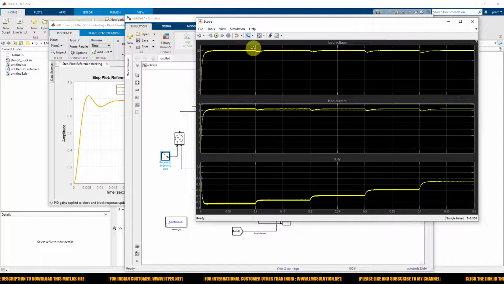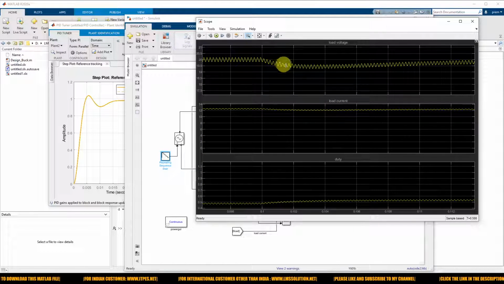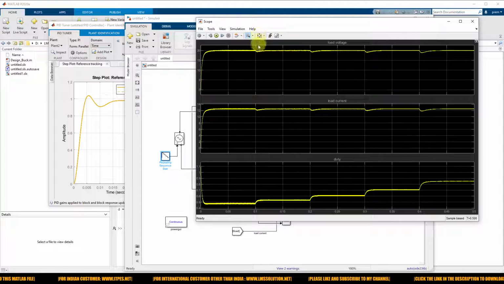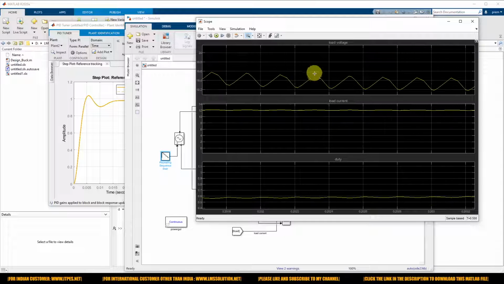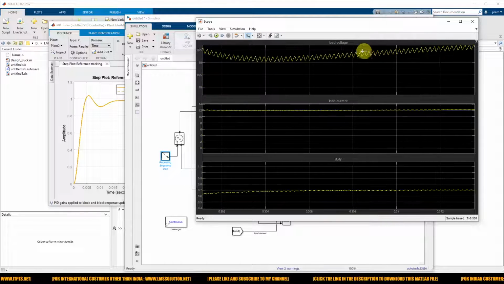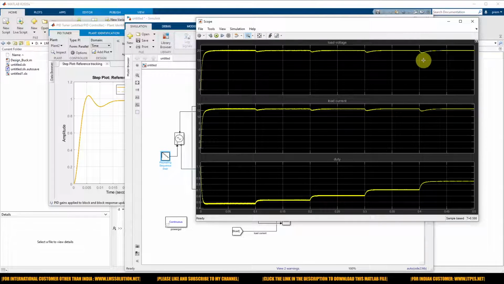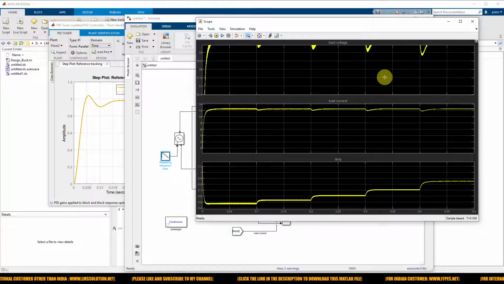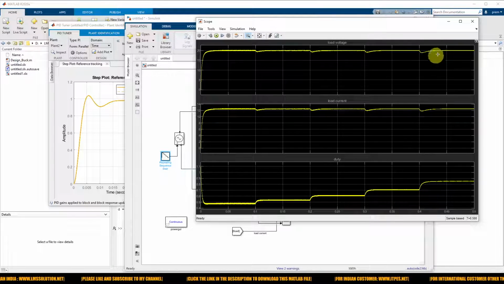That means it goes to some low voltage around 19.5 volts and then comes back to 20 volts. Here you can see it comes to around 19.2 volts and comes back to 20 volts. Here it goes to 18.7 volts, and then after some seconds it comes to 20 volts. That means it tracks the reference command.